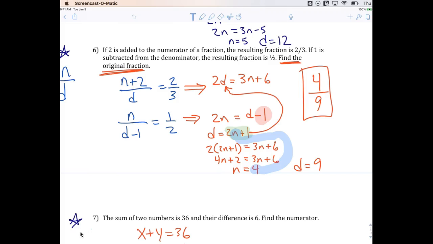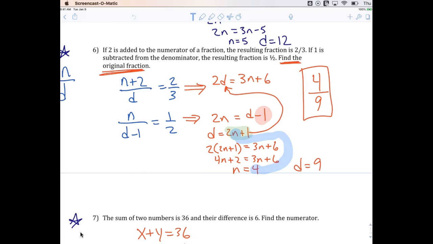Now's the time you speak up and say, I'm not sure what you did for that first equation there. Well, it just says I added 2 to the numerator. The numerator is n, so I added 2. No, I'm not asking about that. All I'm asking about is this blue part right here.